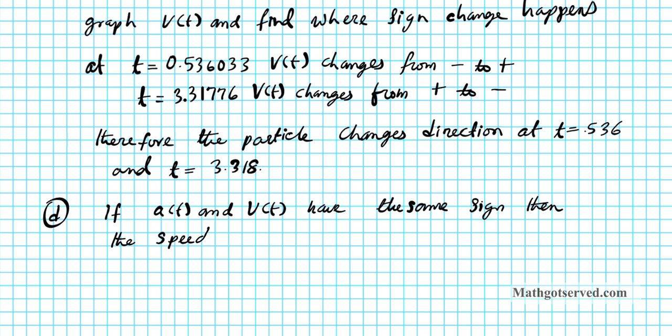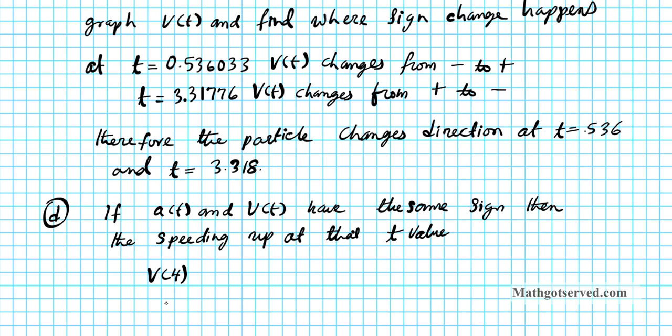The particle is speeding up at that t value. Okay, so all we're doing here is just comparing v of 4 and a of 4. So let's look for v of 4 first.